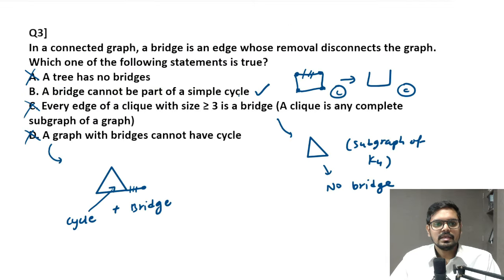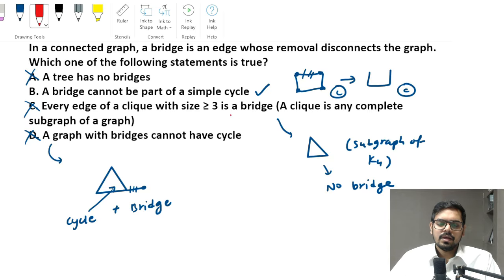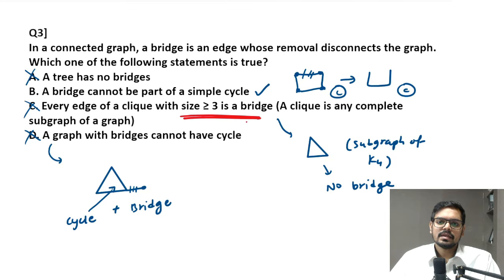Why are options C and D incorrect? Check. C is saying every edge of a clique with size greater than or equal to 3 is a bridge, where they are saying a clique is a complete subgraph of a graph. Okay, so they are saying if size is greater than or equal to 3, then every edge will behave as a bridge.